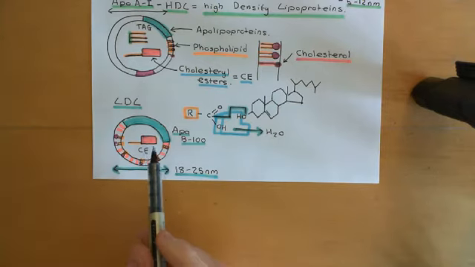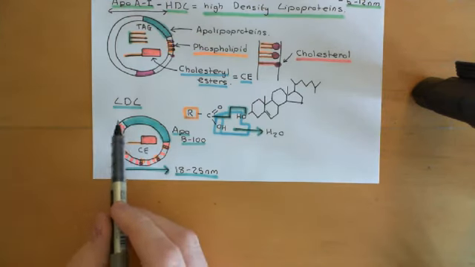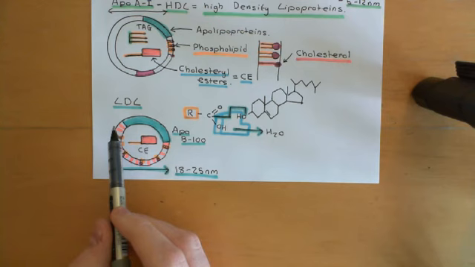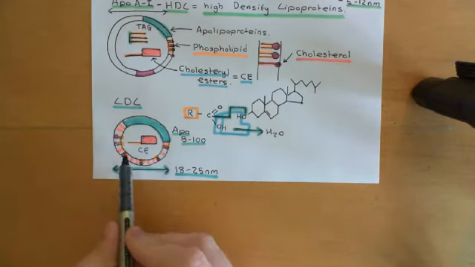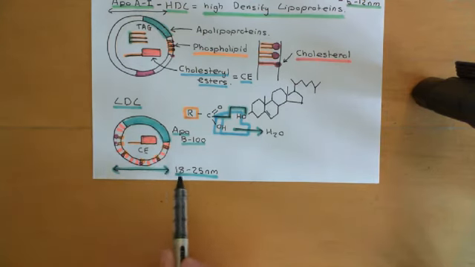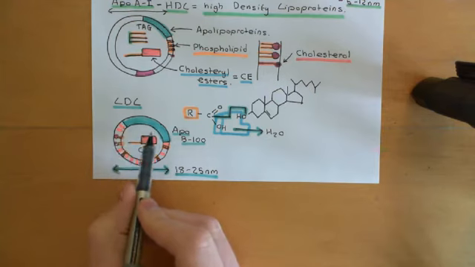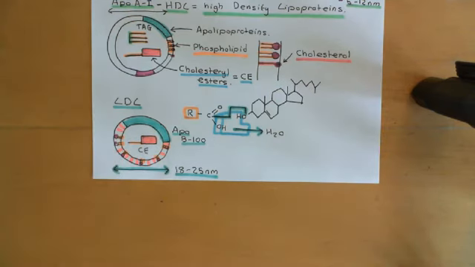We've discussed that they have this basic lipoprotein structure, where you have apolipoproteins in a monolayer of amphipathic lipid molecules, which makes up the outer layer of the lipoprotein, and then inside you have the core. In the case of LDL, these particles are roughly 18 to 25 nanometers in diameter, and they have only one major apolipoprotein, which is ApoB100.